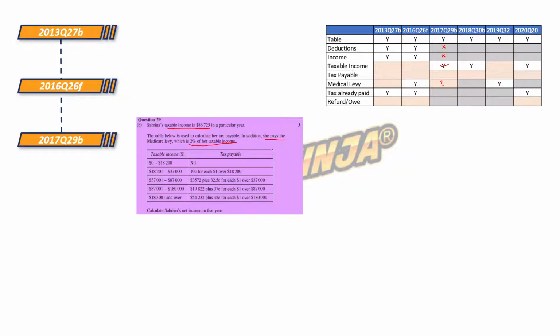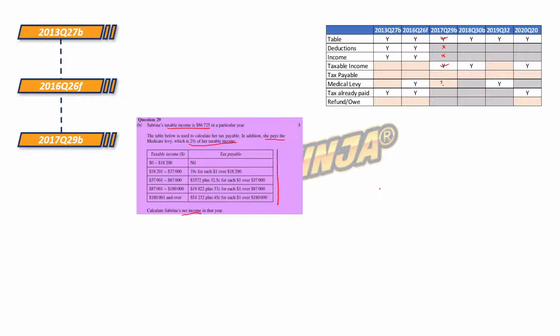And then you're given a table. Then what is being asked is, what is the net income? That's another way of asking. Net income really is your total taxable income, from which you remove the tax and the medical levy.